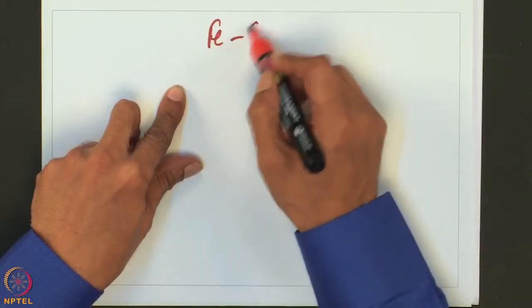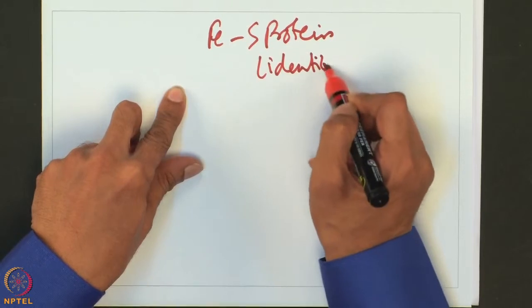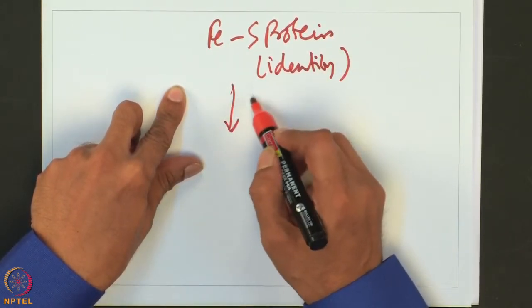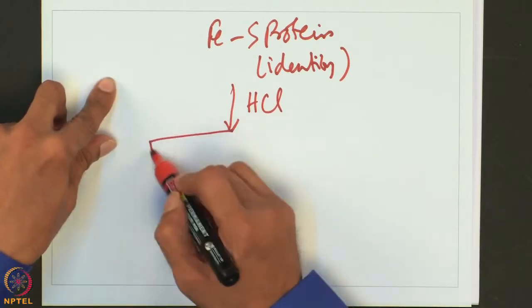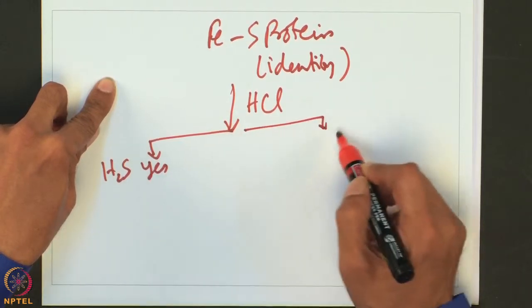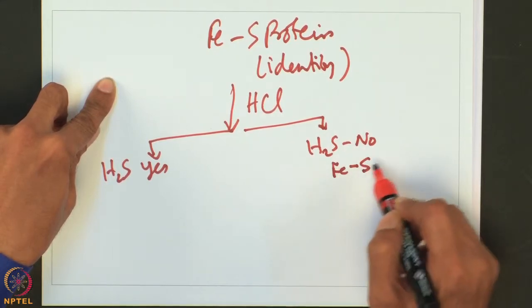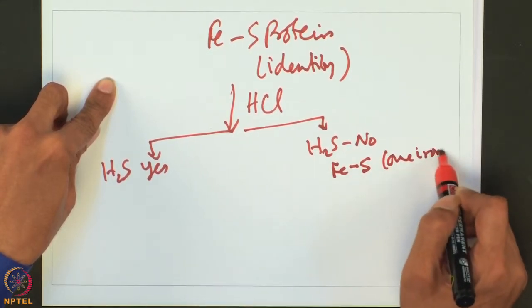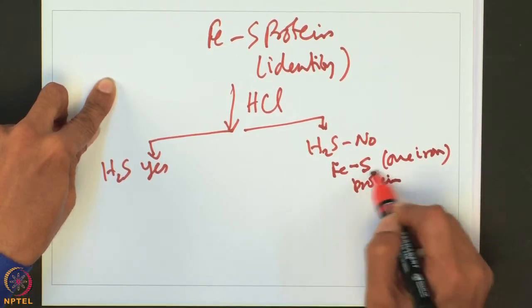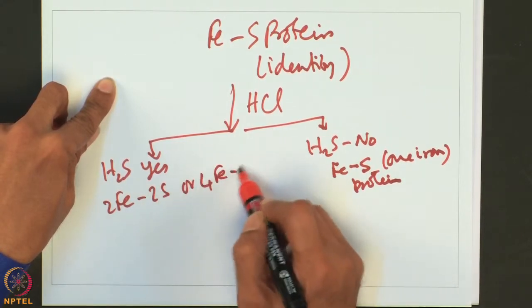Take, let us say, a protein mix, an iron sulfur protein, and you want to identify which one it is. First add HCl, and then check for H2S. If there is no H2S, this means it is a 1 iron protein, and if there is H2S, it could be 2 iron 2 sulfur or 4 iron 4 sulfur.